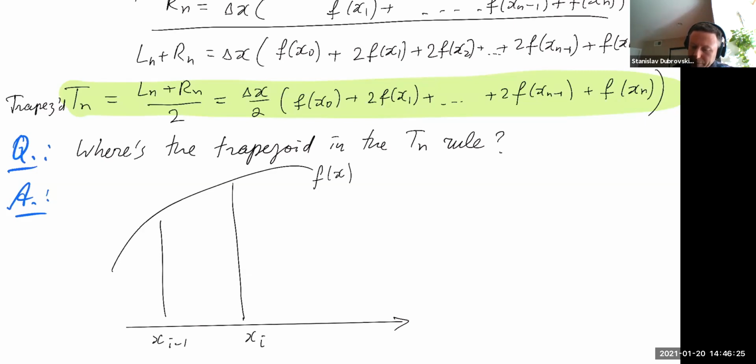The left-hand rule gives me something like this, the right-hand rule gives me something like that, but what if I want the average? One way to average geometrically is just to take this middle line, this diagonal in this rectangle, so that as a result I will get the trapezoid right here.